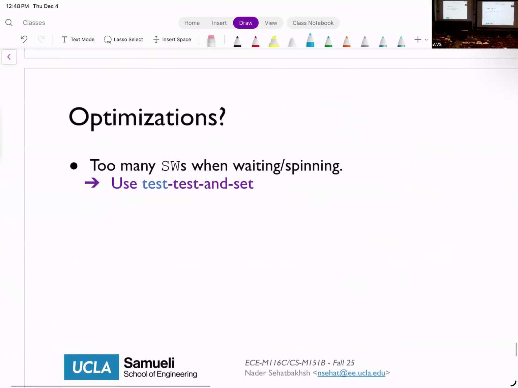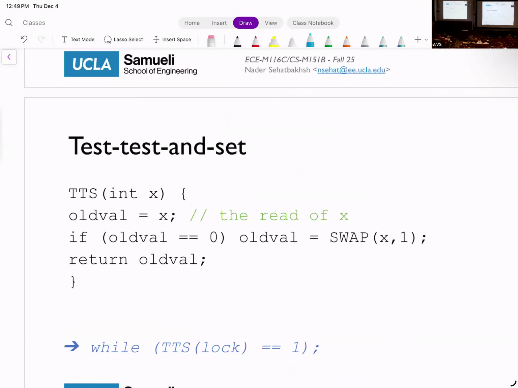All right, so some of the optimizations, again, in this course we're not going to go through. I'm just going to show you one of them to give you an idea. If you're more interested in consistency models, there are courses on parallel programming you can take. One that is commonly used, converging on the conversation that we had, is instead of having something like test-and-set that we continuously read and write at the same time, we do this thing called test and test-and-set.